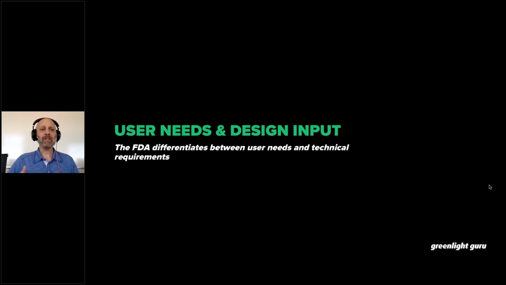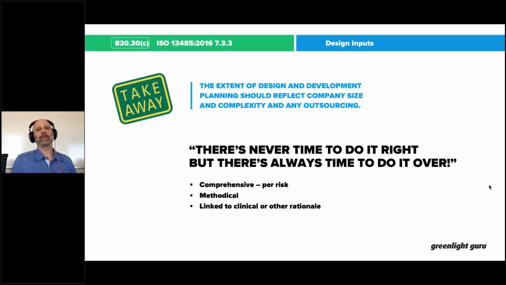Now, let's start to dive into user needs and design inputs. And I want to spend enough time going through this because this is really the meat of any product development process. This is the most important part of your product development efforts, getting your design inputs right.